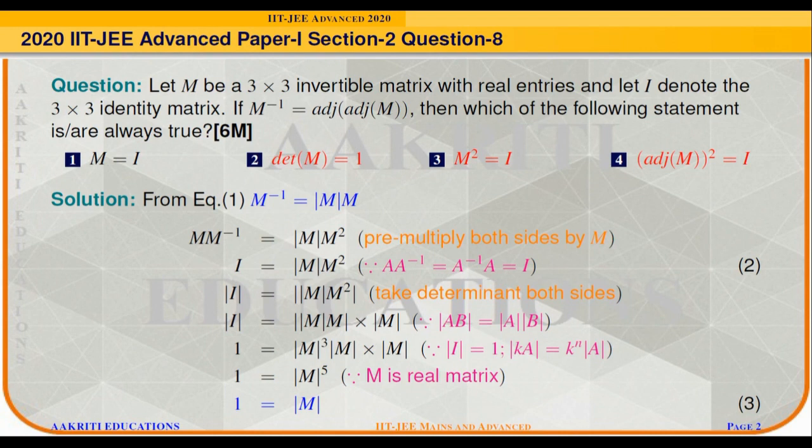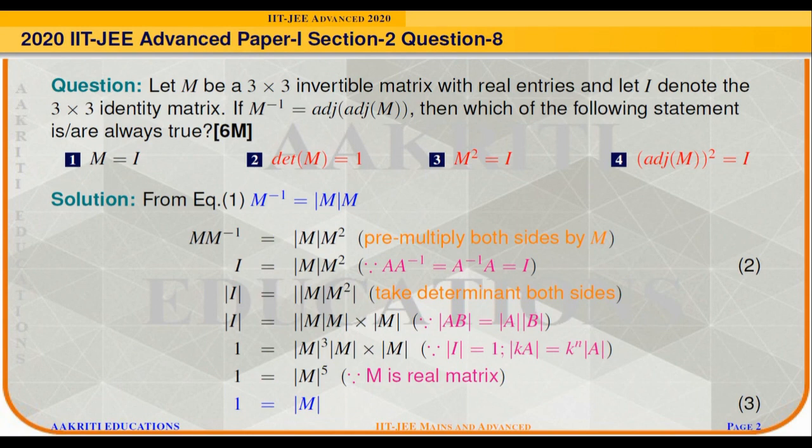By taking the determinant both the sides and by using the fact that determinant AB can be splitted as determinant A times determinant B, it will give determinant I is equal to determinant of determinant M times determinant M. Also, we know that determinant of I is equal to 1 and determinant of K times A is nothing but K raised to the power n times determinant of A, where n is the order of square matrix A. Then we will get 1 is equal to determinant M raised to the power 5.